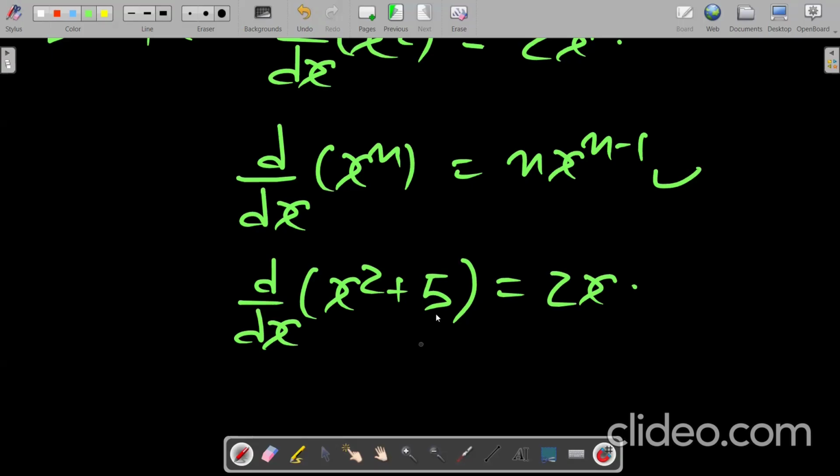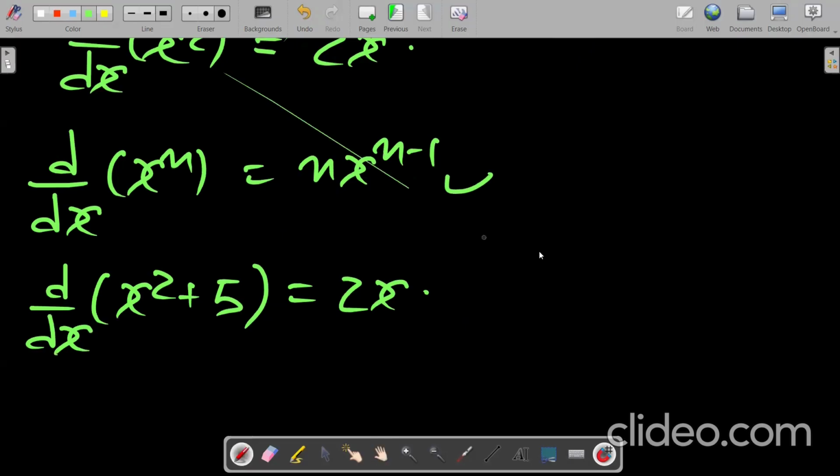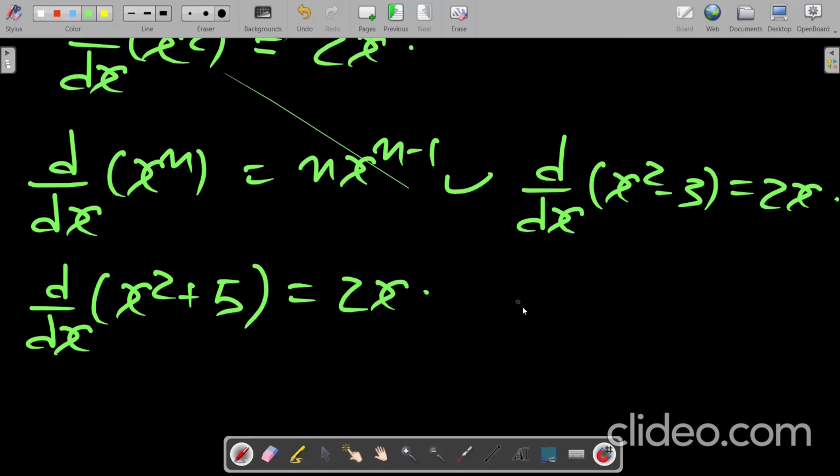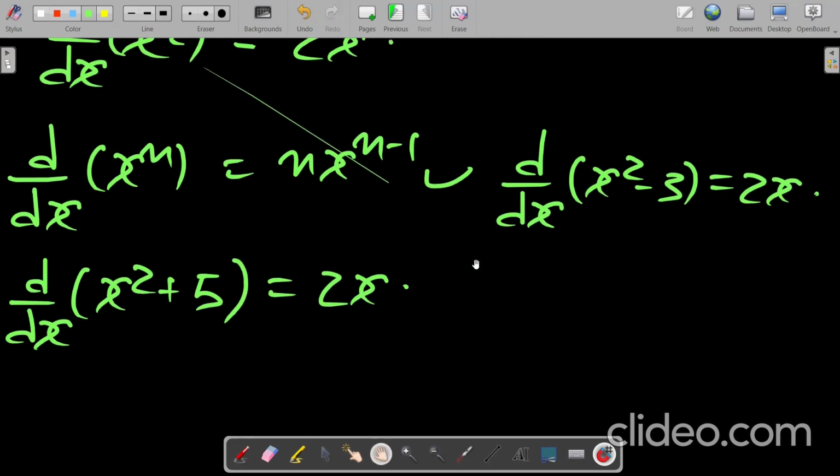And students, if you differentiate d by dx of x square minus 3, again you will get 2x. So students, see here, constants are different, but we are getting the same differential coefficient. All these functions have the same derivative, but they differ by a constant.